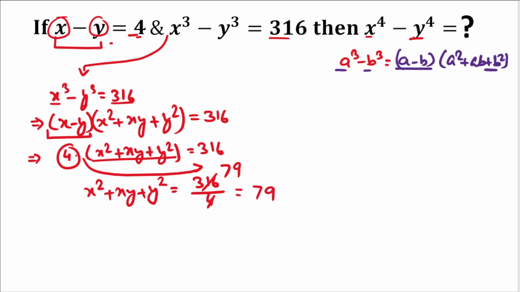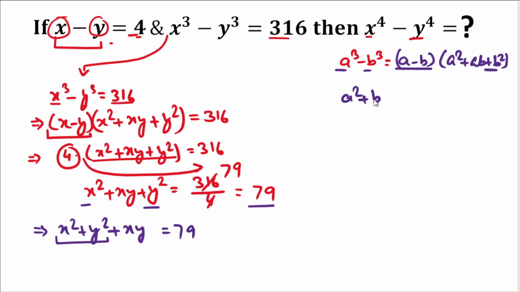Now in the next step we have x square plus y square. So we'll write it as x square plus y square plus xy, that is 79. Again it is in the form of a square plus b square, and we'll write this in terms of a minus b.